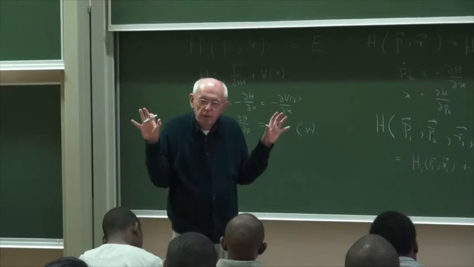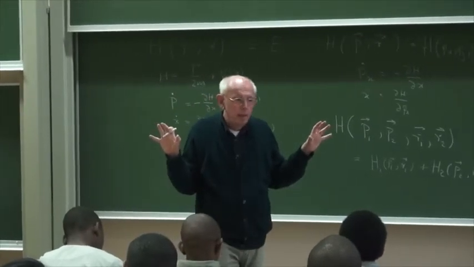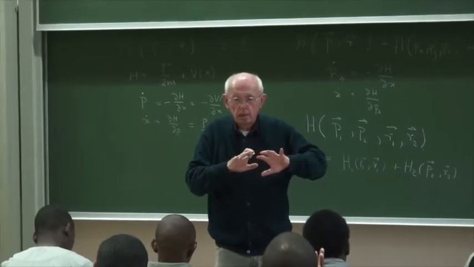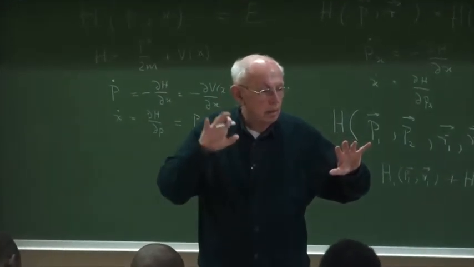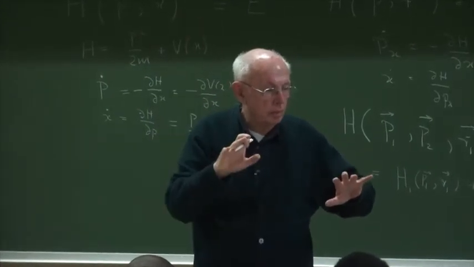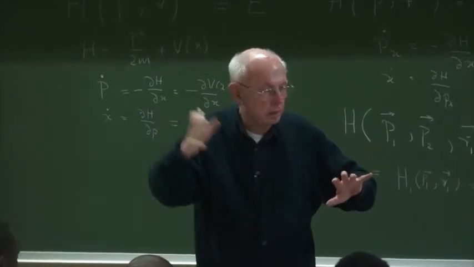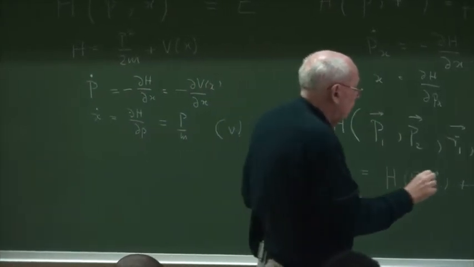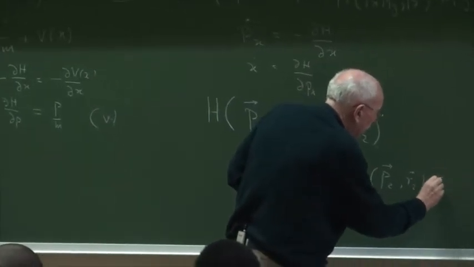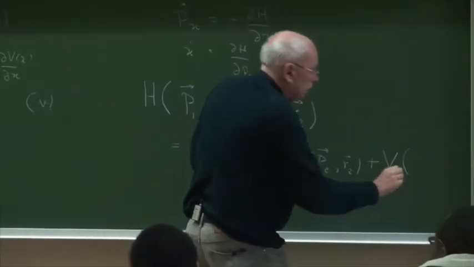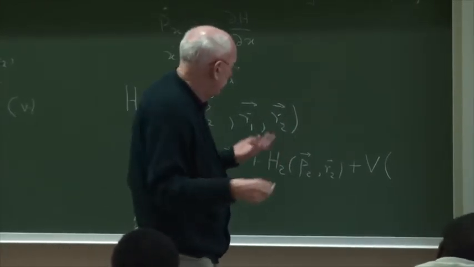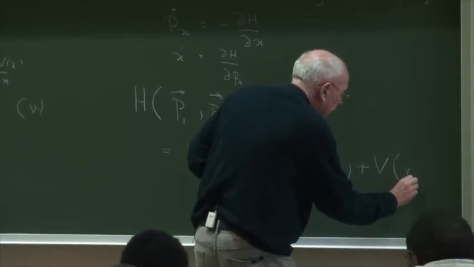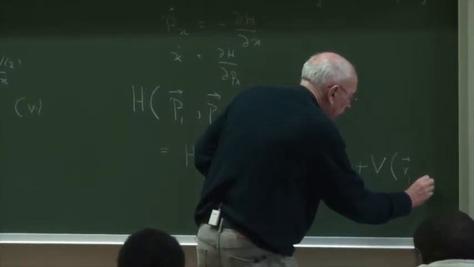But basically, if I have two particles, they will interact with each other. The Earth attracts the Moon, and the Moon attracts the Earth. There's an interaction between these two particles, and so there will be another term here, which can depend, in general, on all these coordinates, but we can say it will depend on R1 and on R2.